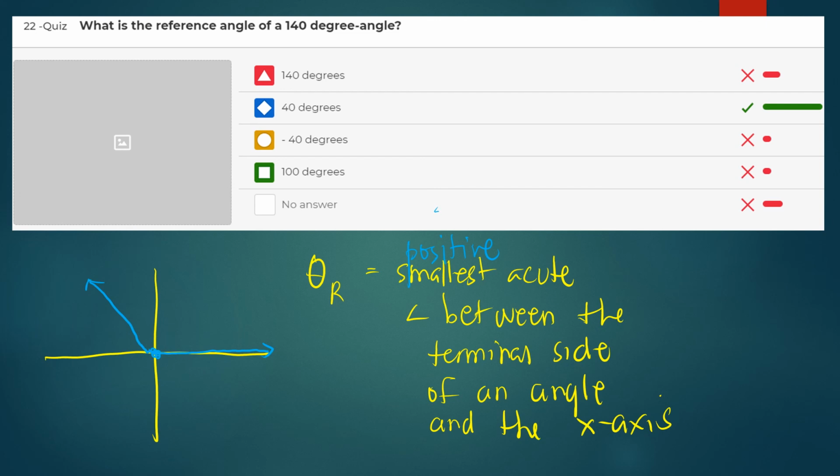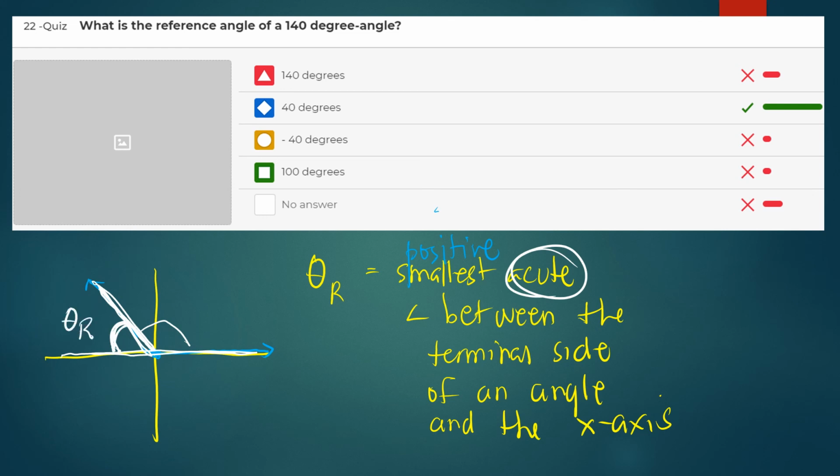Okay? So, for this one, ito yung ating x-axis, right? So, this is the x-axis, and this is the terminal side. So, kung makikita nyo, meron lang tayong dalawang angle dyan. This angle and this angle. Pero sabi dyan, positive acute. So, it will be less than 90 degrees. So, between these two angle, ito yung sinasabi nating reference angle. Okay? So, this is the reference angle.